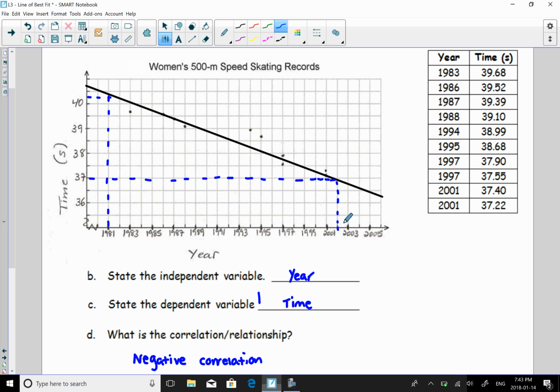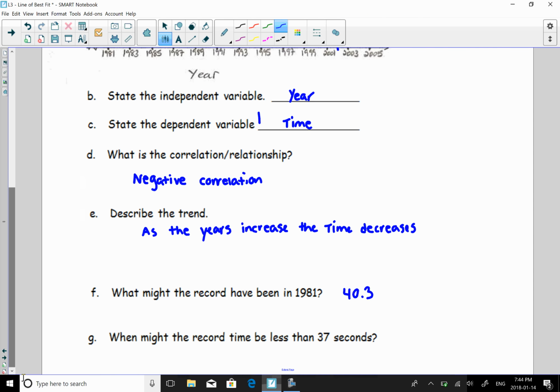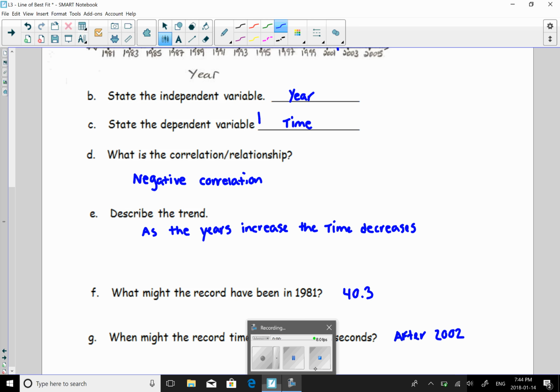So approximately 2002. So after 2002, it would have been less. And there you have it. Line of best fit and how we'll use it to make predictions.